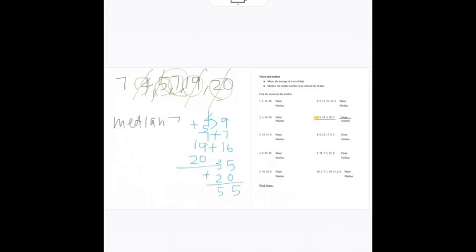Now we have to divide 55 by 1, 2, 3, 4, 5.